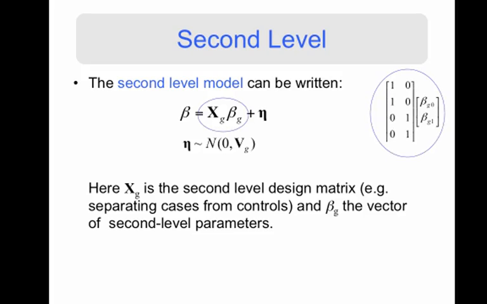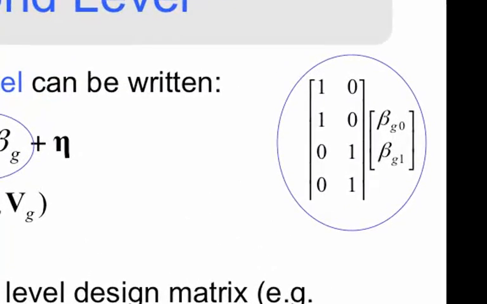So for example, let's assume that we had 4 subjects, 2 cases and 2 controls, and we assumed that the cases had a certain beta value, which we're going to call beta g0, and the controls had a certain beta value, which I'm going to call beta g1. If I wanted to set that up in a second level format, I would write the design matrix and the betas as seen here on the right.